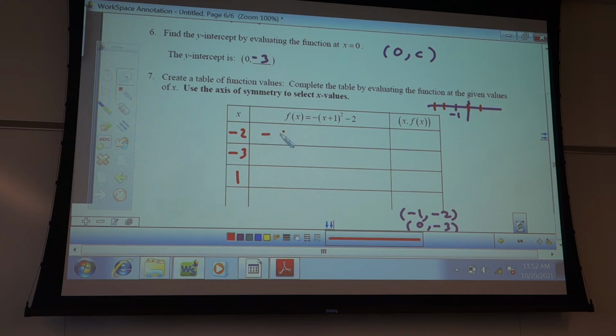Let's see, negative, and I'm going to put parentheses wherever the x is, plus 1 squared minus 2. I'm going to pop in whatever number I chose into those spots.